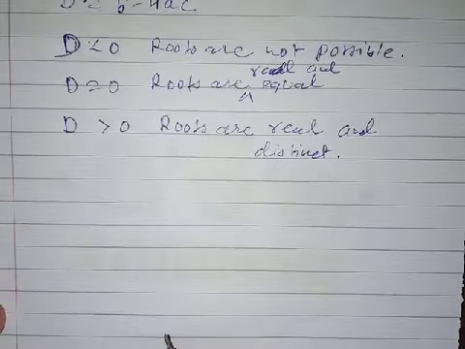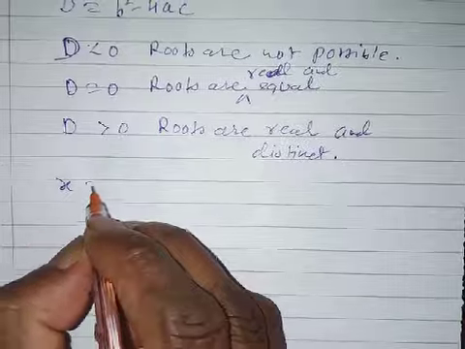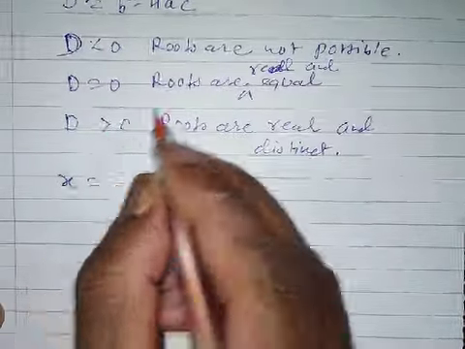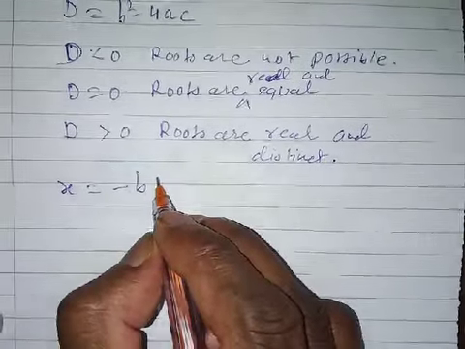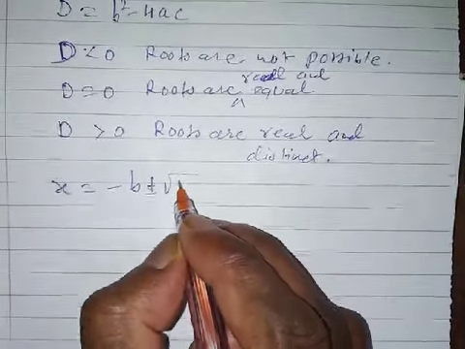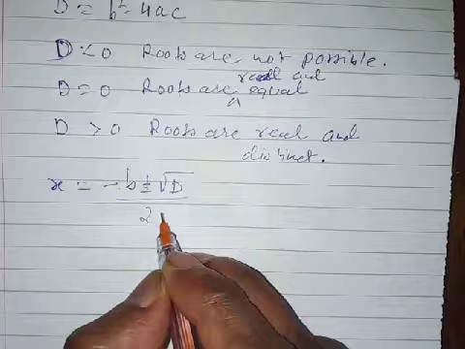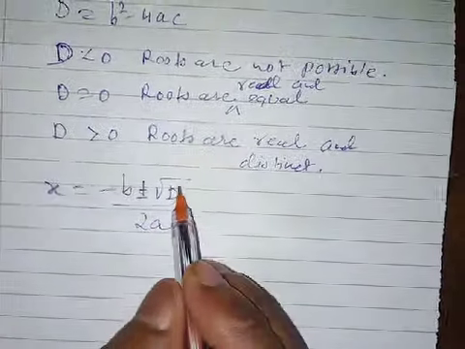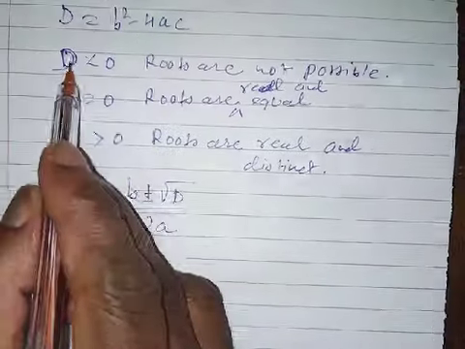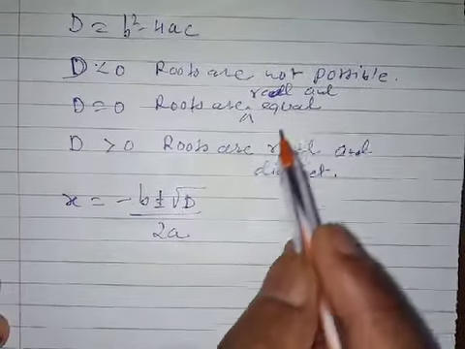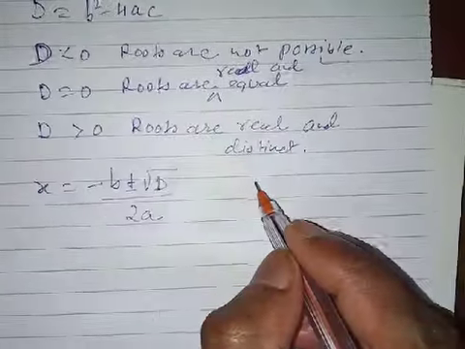After finding the nature of the roots, we have to find the value of the roots also, alpha and beta: x is equal to minus b plus minus root D upon 2a. If D is less than 0, this will be the root of a negative number. The root of a negative number cannot be taken, therefore it is written like this.